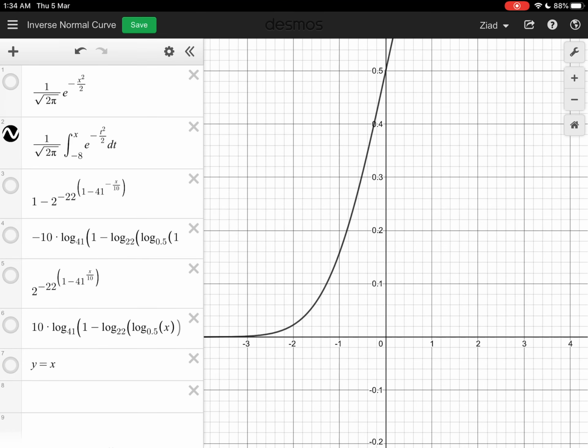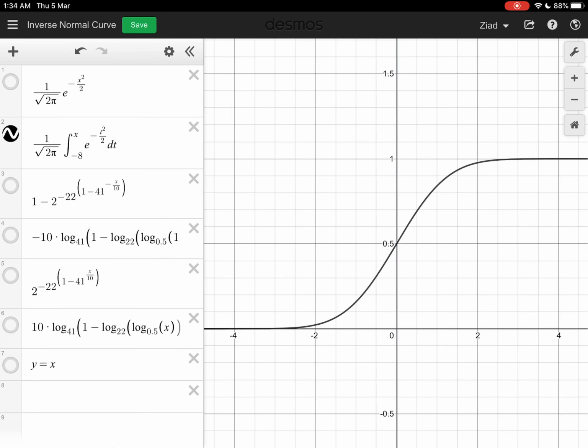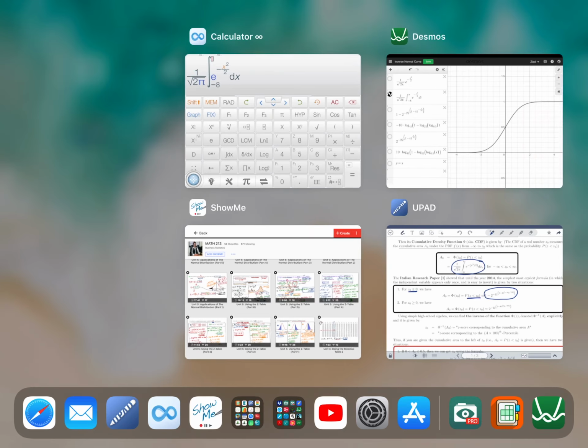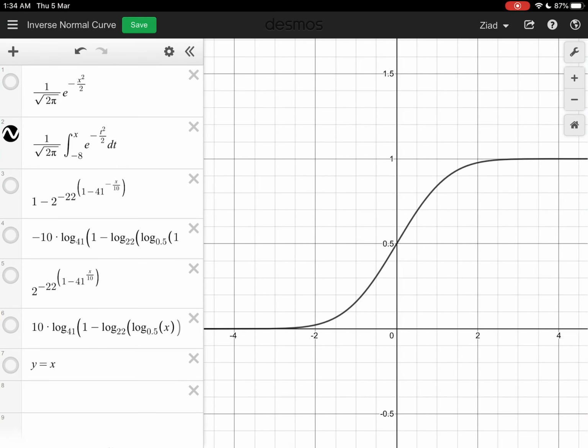If I graph the cumulative probability density function, and then I want to graph, for z less than or equal to 0, this function, 1 minus 2 to the power, where is it? Yeah, it's immediately underneath it.